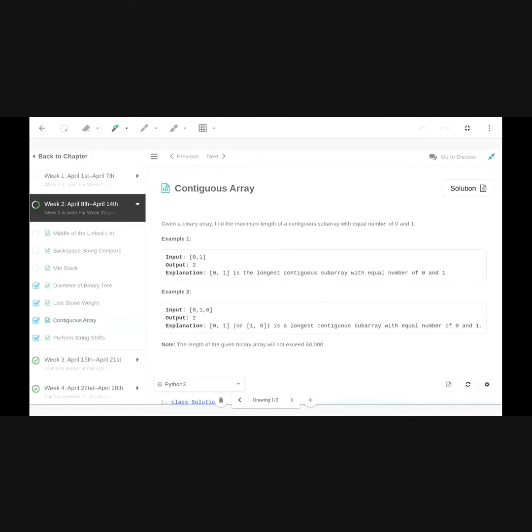This is the question which was asked on day 13, Leetcode 525. In this we are given a binary array and we need to find subarrays which have an equal number of zeros and ones. What we did in that question was replace zeros with -1 and transform the question into: find subarrays whose sum equals 0.